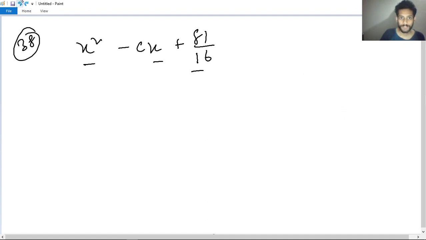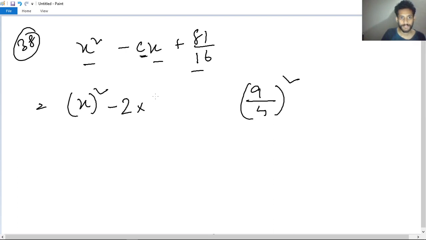So the question just says, what is the value of C, it is the same as question number B. What value of C should make this a perfect square trinomial? Just like we did in question number 2, 9 by 4 whole square, then the middle part will be twice into x into 9 by 4.